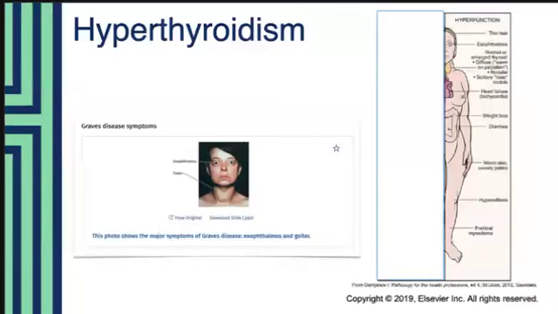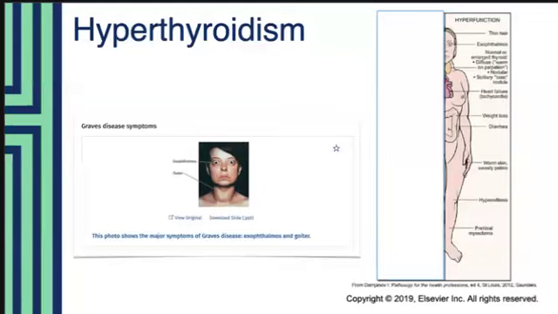Now, if we think about another disease process, it is Addison's disease. Looking at it really quickly, it's characterized by elevated ACTH levels and inadequate corticosteroid synthesis and mineralocorticoids.